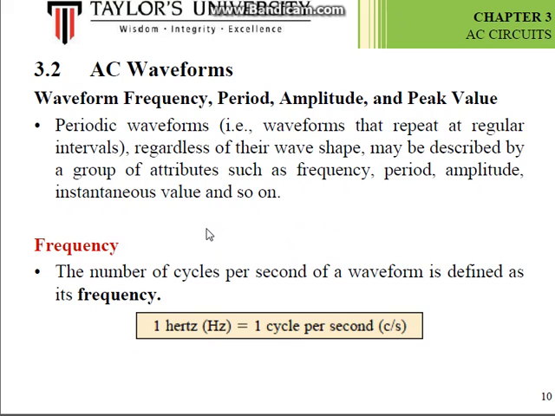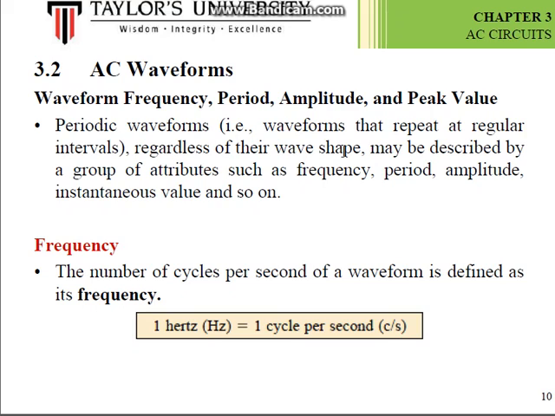For example, if it's a sine wave, after one cycle it will repeat itself into a simple S shape like that, again and again. That's what we know as periodic waveforms, which repeat at regular intervals regardless of their wave shape.